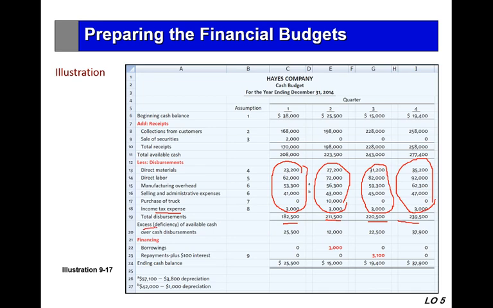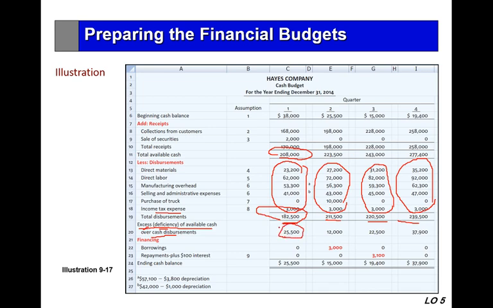Then, excess or deficiency of available cash over cash disbursement. If we have total cash available more than total cash disbursement, then we have excess. If we have total cash available less than total cash disbursement, then we have deficiency. In quarter 1 we have total cash available more than disbursement, then we have excess.